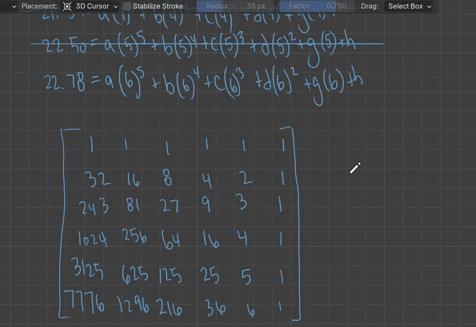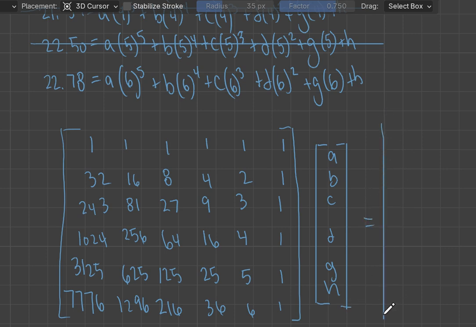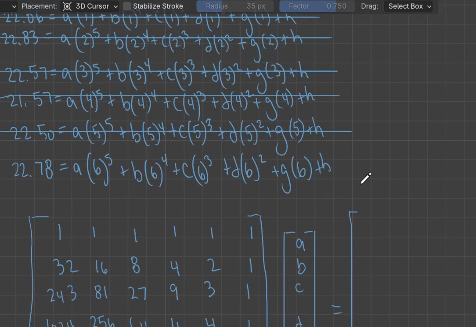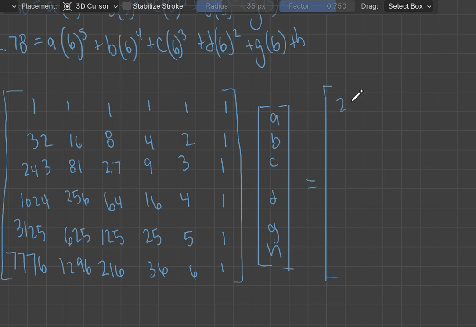Okay, so that is a list of all the coefficients to the unknown constants. And we are going to multiply that by a list of all the unknown constants, A, B, C, D, G, H. And we are going to set those equal to a list of the solutions, which are, let's see, 22.06, 22.83, 22.57, 21.57, 22.5, and 22.78.